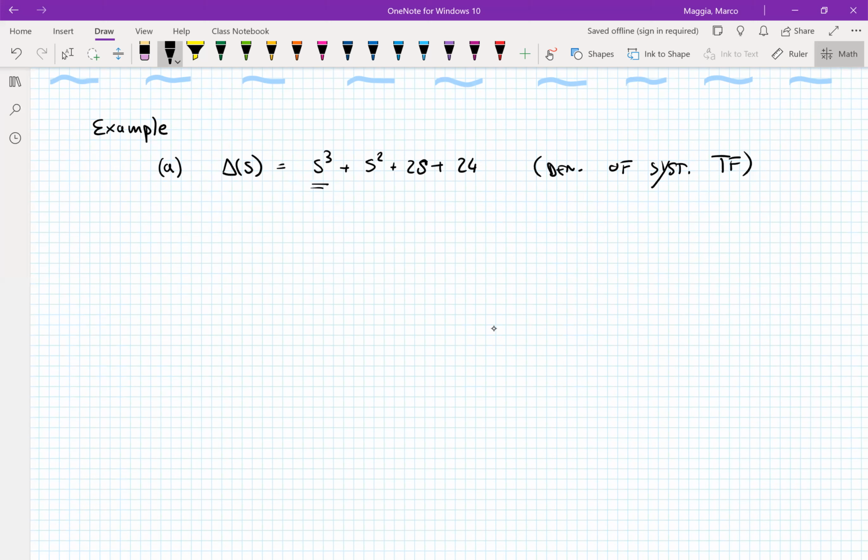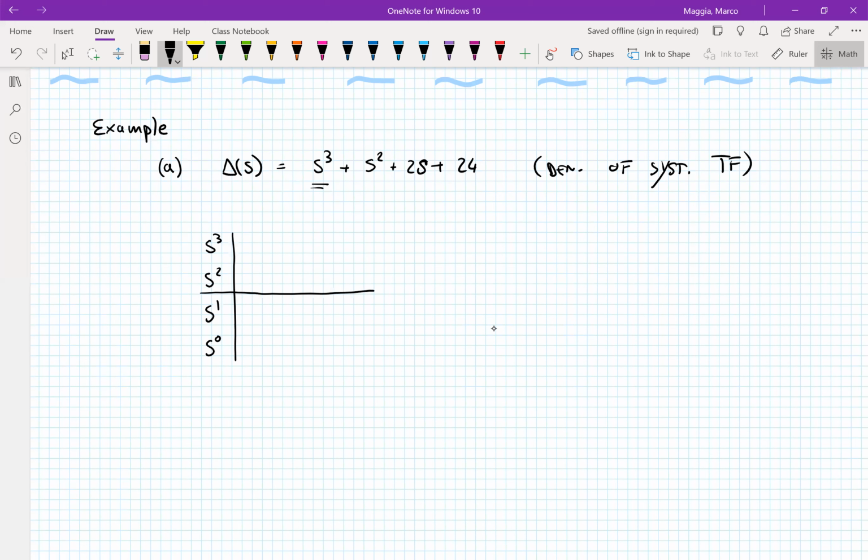All right, so we start here with s cubed, s squared, s, and s to the power of 0. Now we fill the first 2 rows using the coefficients of the characteristic polynomial.